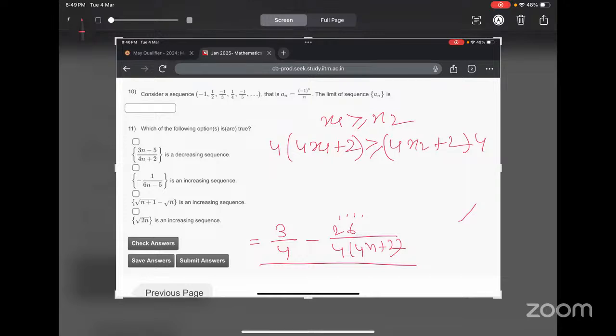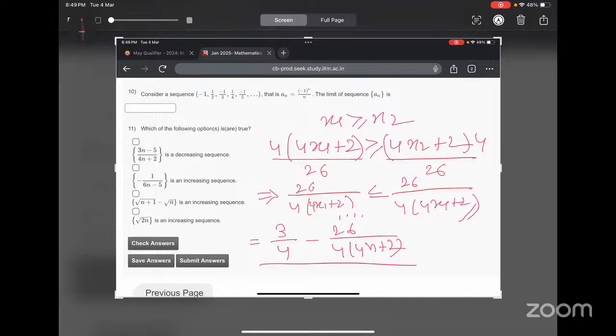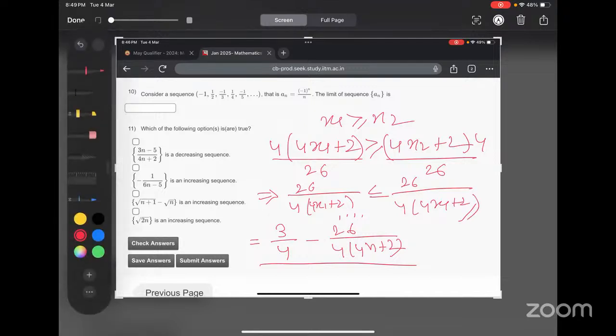Then if I do this, again it will be the same, right? But if I change the sign, then the inequality will be reversed. 26 by 4 into 4x1 plus 2 will be less than or equal to 26 by 4 into 4x2 plus 2, correct?